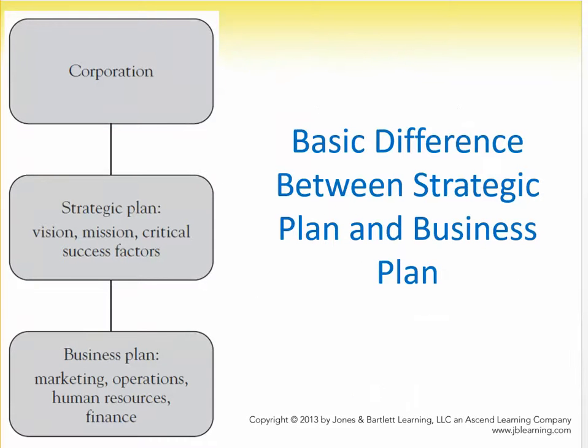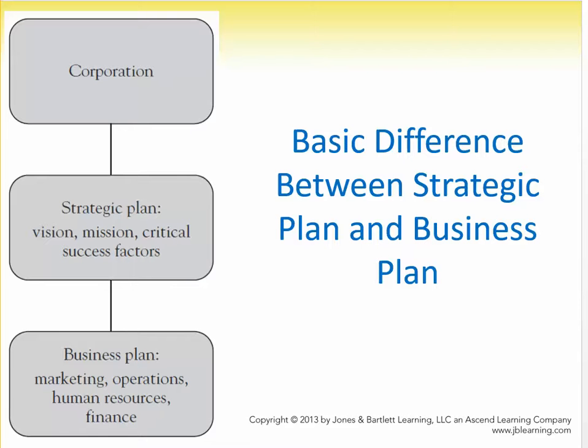The main difference between the two is the strategic plan is the longer term, a 5 to 10 year view, and is more visionary, including the organization's vision, mission, along with the critical success factors, all along the way, that is used to ensure that they are on target right where they need to be.